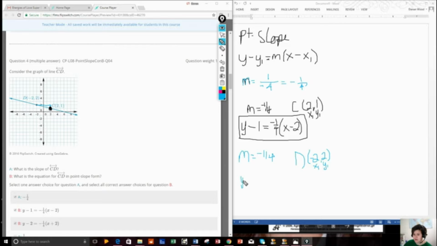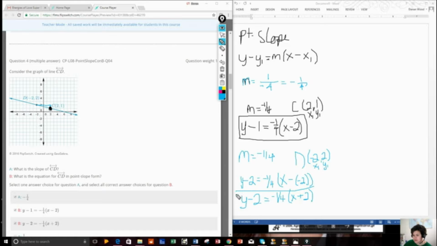So y minus y1, which is 2, equal to my slope, which is negative 1/4, times x minus x1, which is negative 2. Okay, so we're going to rewrite the minus a negative 2 as addition. So y minus 2 is equal to negative 1/4 times x plus 2.